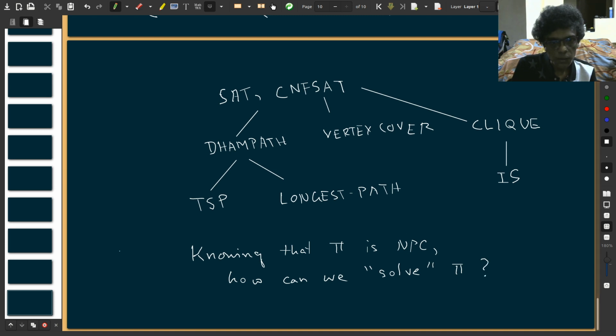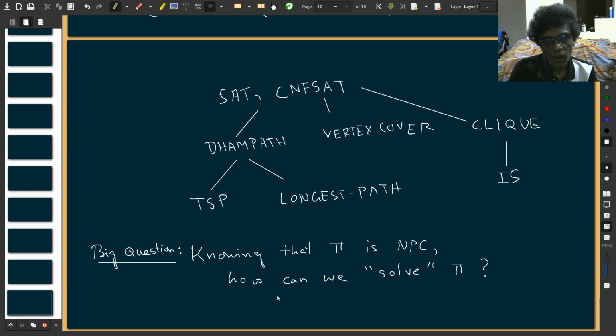Of course, this is a big question. In general, we cannot solve, but if it is an important problem like the traveling salesperson problem, we should do something. So after this chapter, we will study what we can do to so-called solve, within quotes, NP-complete problems.